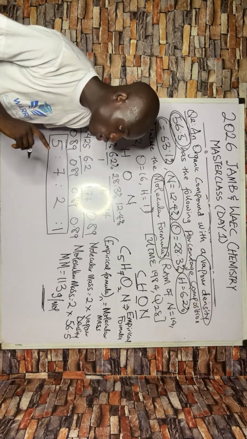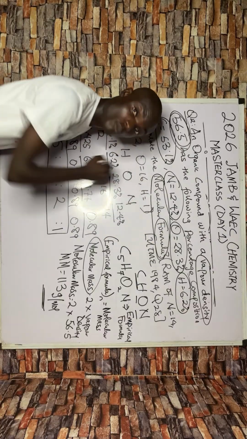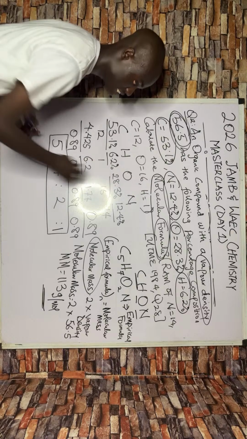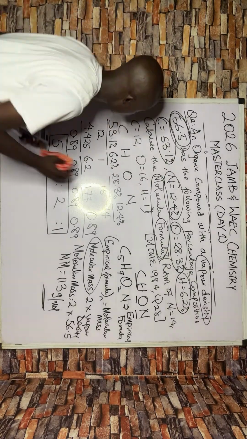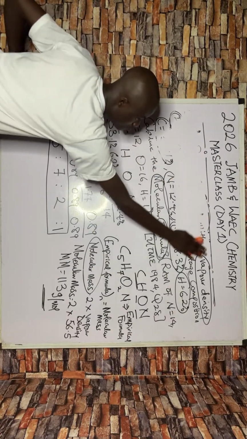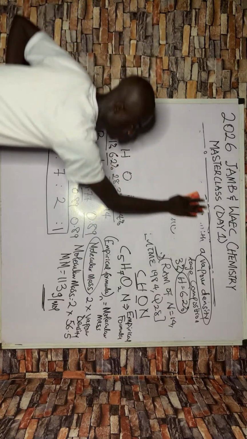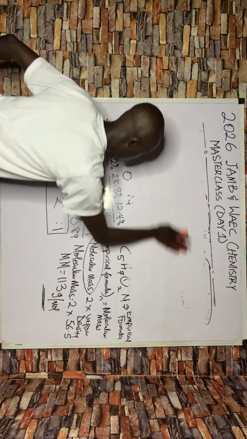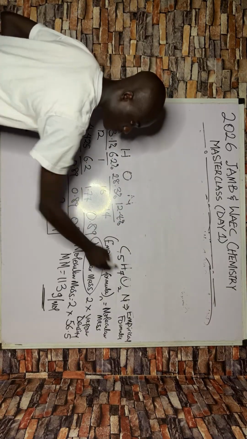But we are not looking for molecular mass, rather we are looking for molecular formula. So now let's calculate that molecular formula. I have to take this off so that we can get our answer. Now, we have this formula which we are going to use.